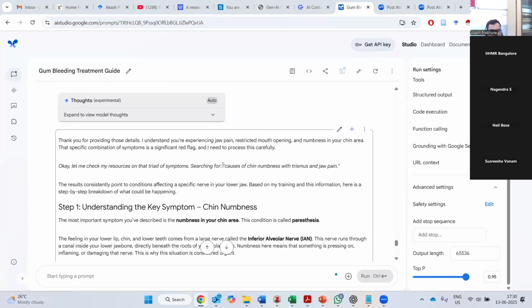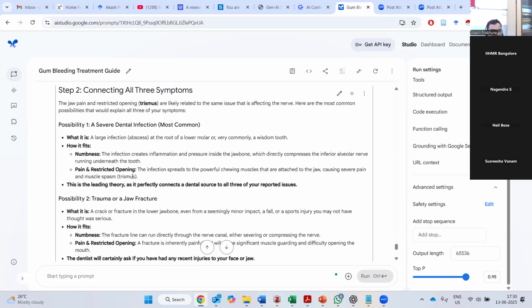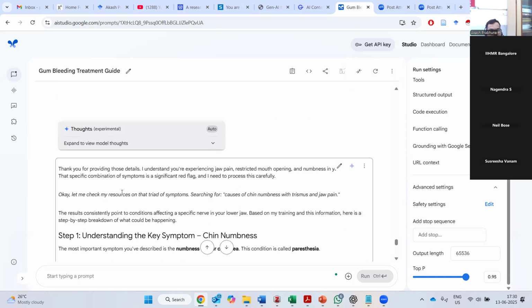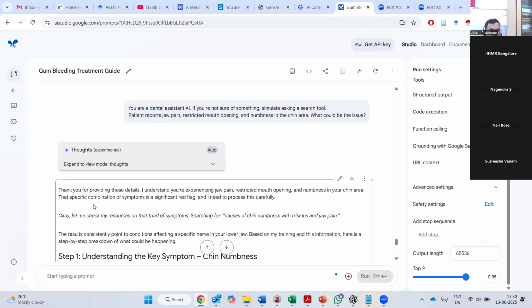So I think this is what it has done. It has searched for chin numbness with trismus and pain from its resources. The resource mostly is the Google search engine, but I can ask it to give me some feedback. Basically, this is where the machine reacts, or acts on your instructions.